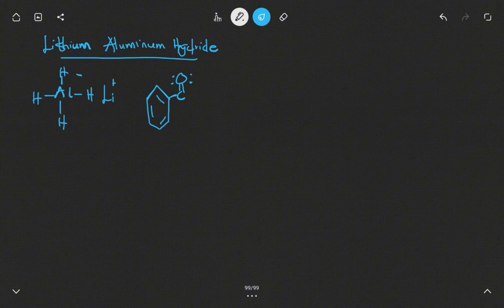Now this time I'm using an ester, so OCH3. So this is methyl benzoate. All right. Now let's look at the mechanism for this.